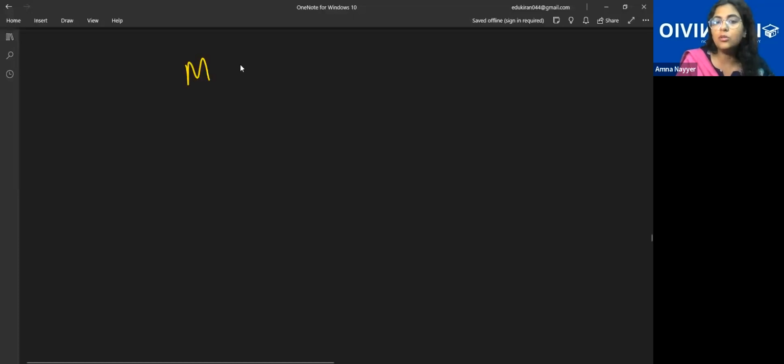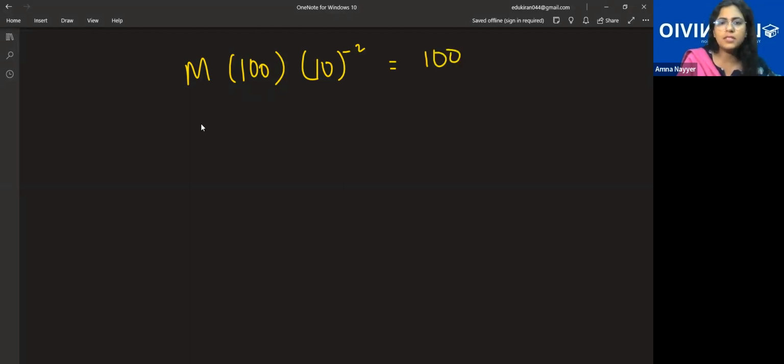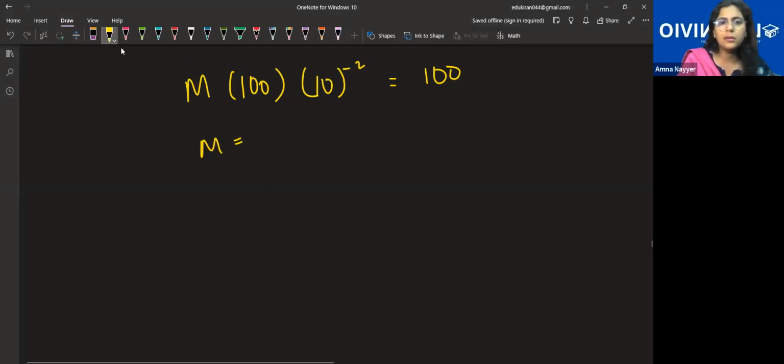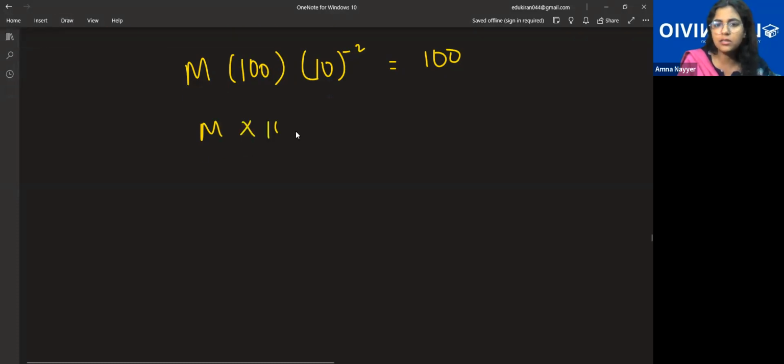So mass into length is 100, time is 10 seconds, but here the power is -2. M L T to the power -2 is equal to 100. So M is missing. What will M be? See, let's bring this also in the denominator. Keep on making the powers positive. That eases our work.